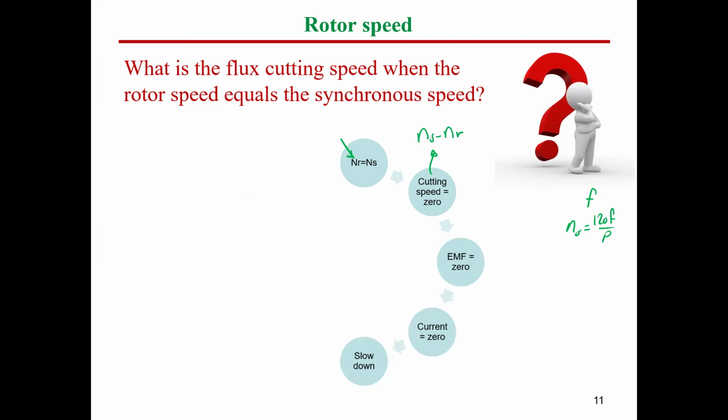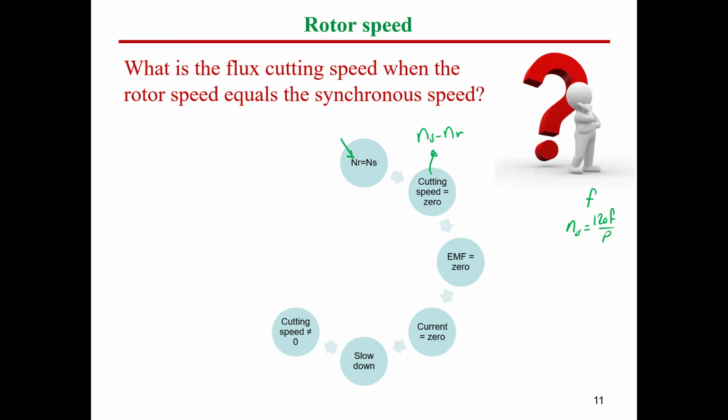It is not going to stop completely at zero time, because you know that the mechanical time constant, guys, is much larger than the electrical time constant. So the machine will start slowing down because the source of torque, which is your current, became zero. But once the machine slows down, the cutting speed is not zero anymore.